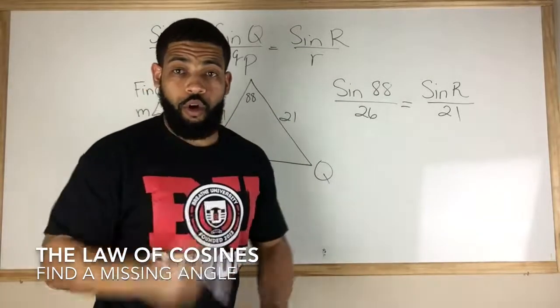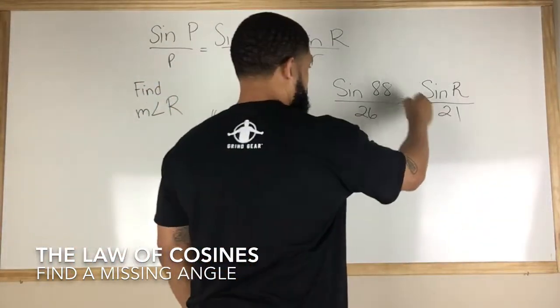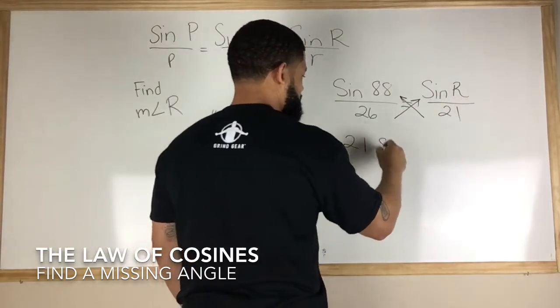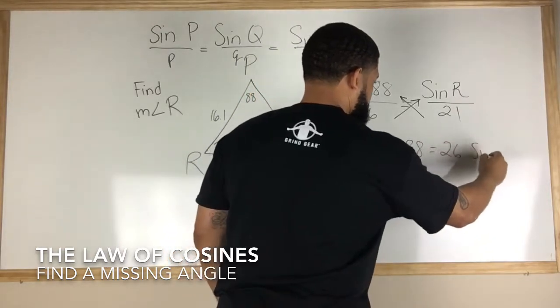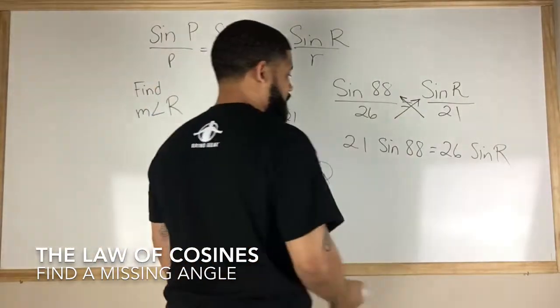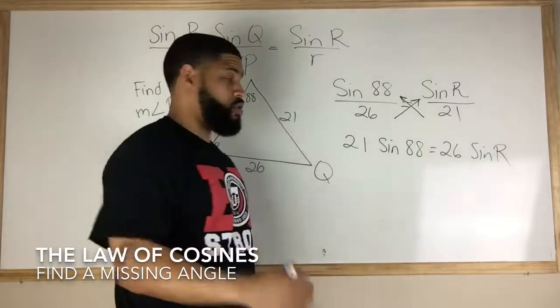Then remember, we need to cross multiply so that we can solve this proportion, okay? So we have this times this, and this times this. So we have 21 sine of 88 is equal to 26 sine R, okay? So we cross multiply. Now we need to get the sine of R by itself.